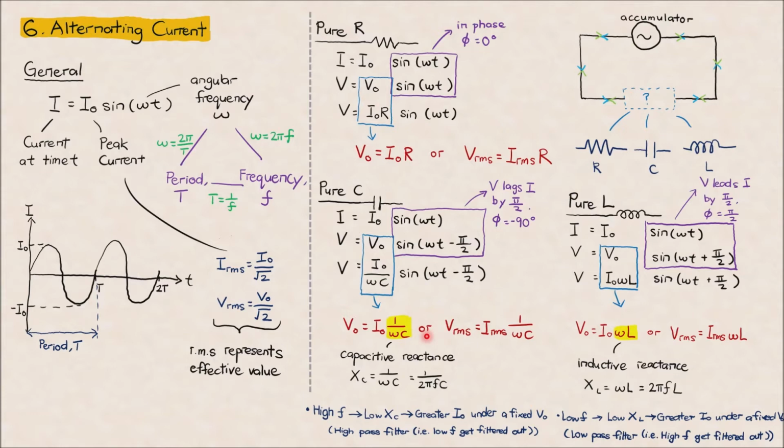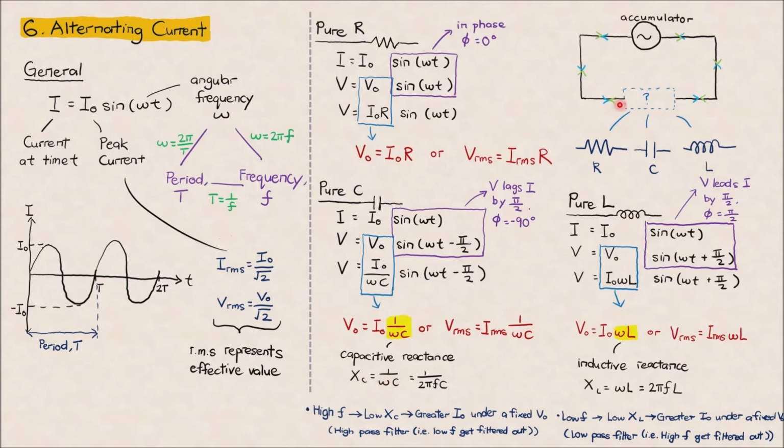How does it react to the voltage? In this case, our capacitive reactance equals 1 over omega c. So if you have a greater capacitance, you have a smaller capacitive reactance. If you have a greater angular frequency or frequency, you have a lower reactance. Let's think of a situation.